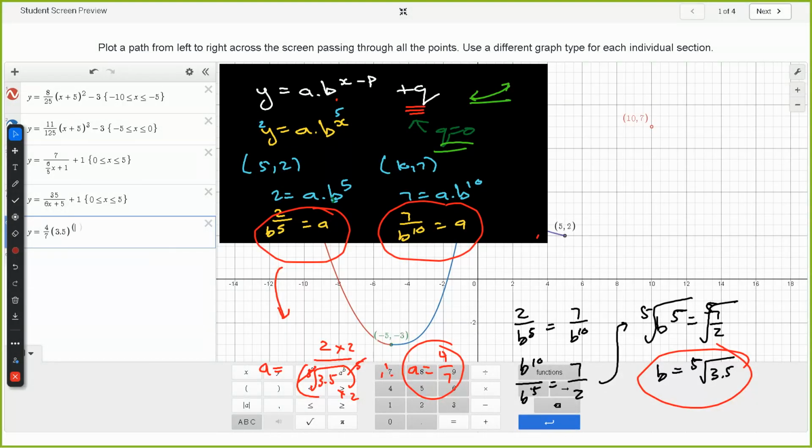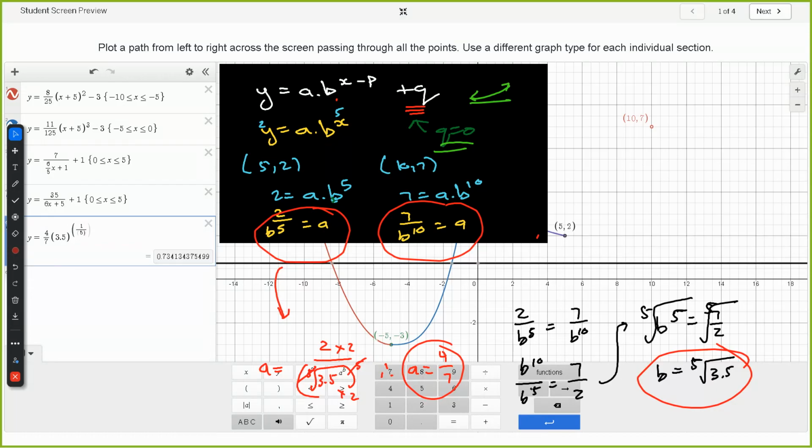Remember that. 1 over 5 is the same as the fifth root. I could get the actual value of this, which is 0.7, like that. We could get another value wherever it is, and that would be great.